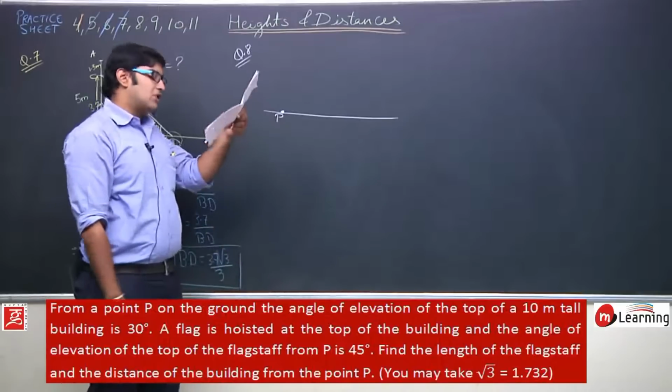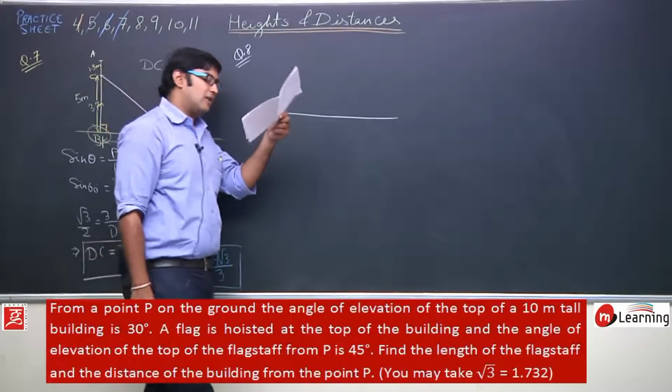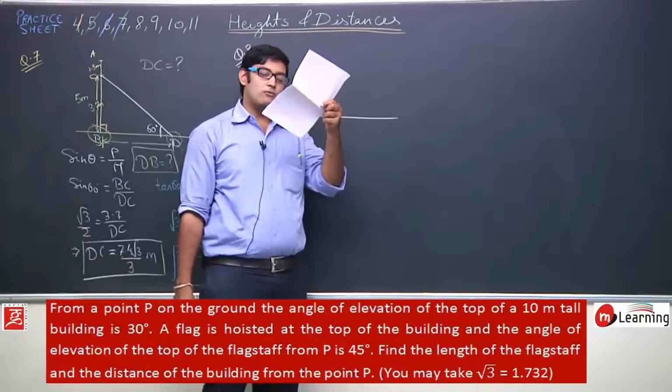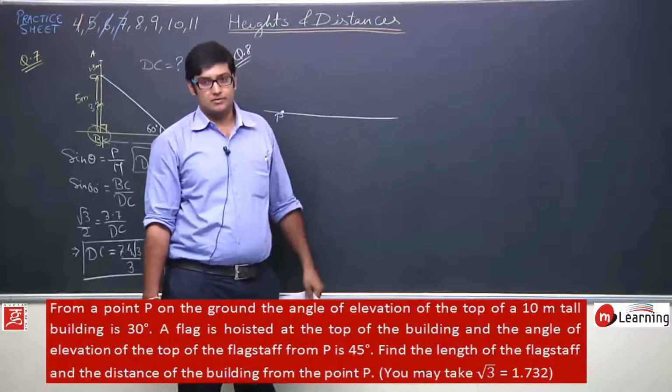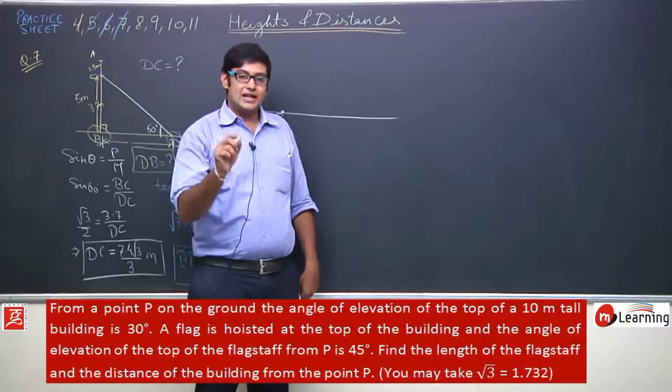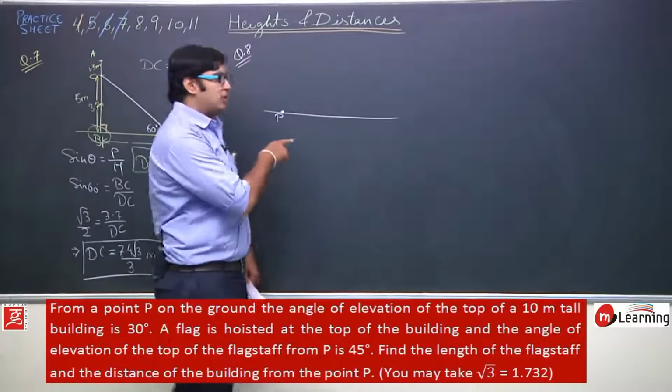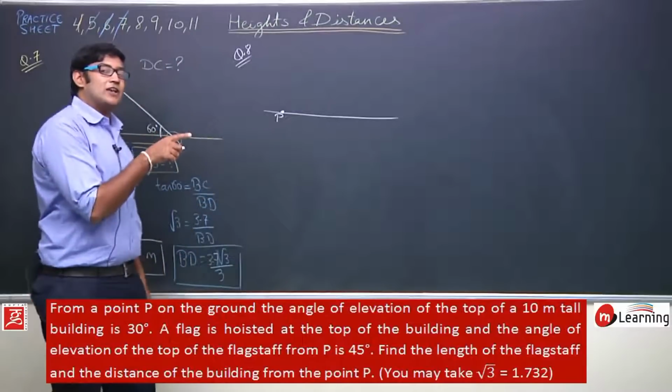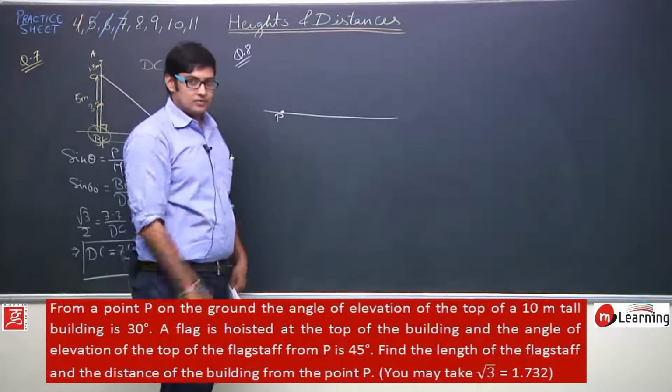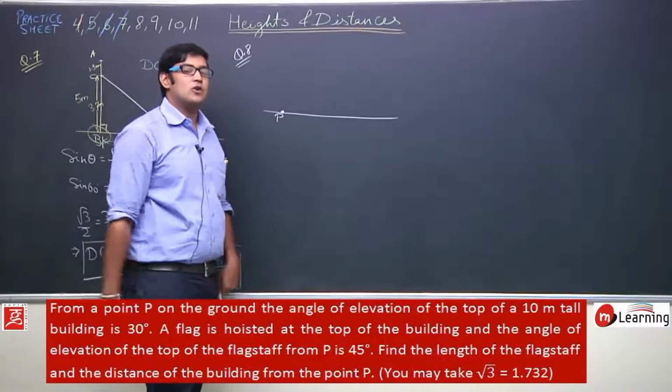So from the point P on the ground, the angle of elevation of the top of a 10-meter tall building, okay. There is a building which is in front of this point P. Now what is the angle of elevation of the top of the building?